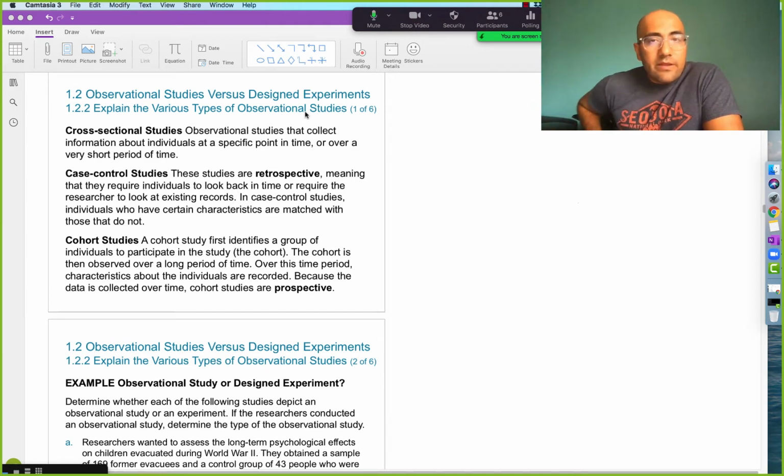Or maybe the experiment involves being on Mars to really do the experiment. So sometimes you don't have access to the subject or the material that you want to do an experiment on. Sometimes it's just really expensive, right? Maybe you don't have the funds to do that kind of thing.